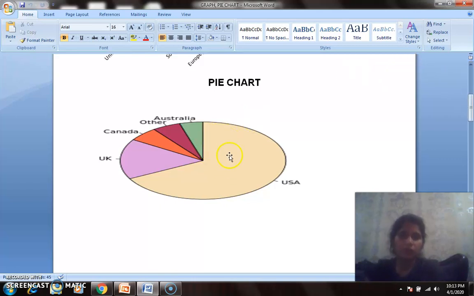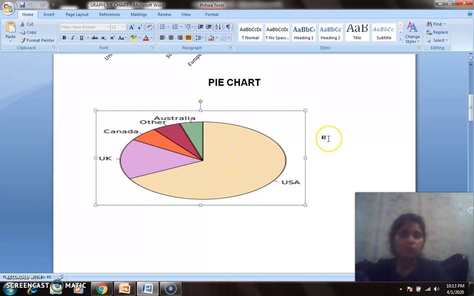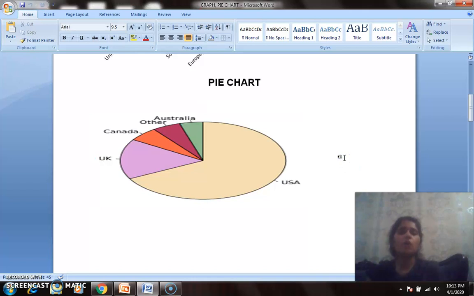This particular portion, as you can see, the purple one is showing UK, this orange one is showing Canada, then green Australia, and this is US. So with the help of these different colors in a circle, we are showing how many students are going for studies in different regions. So this is pie chart. Clear?